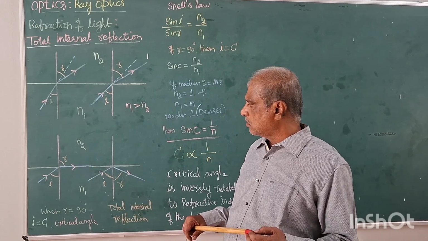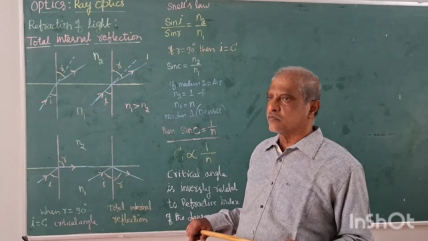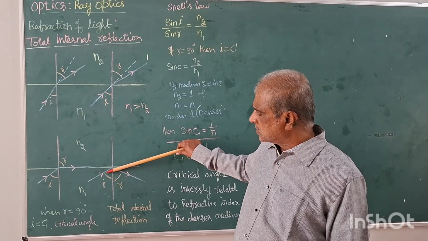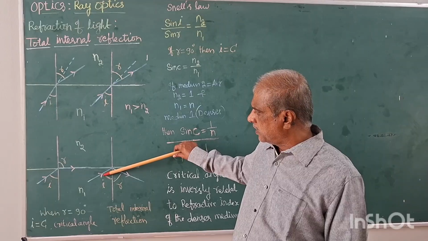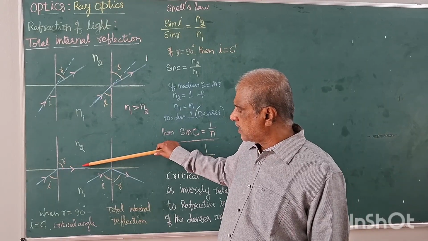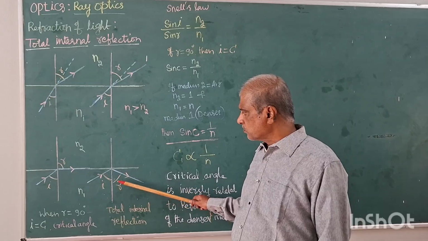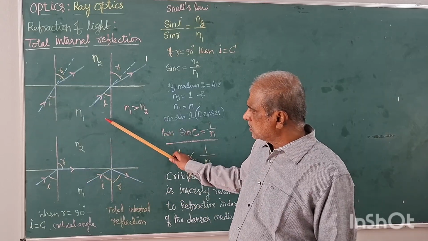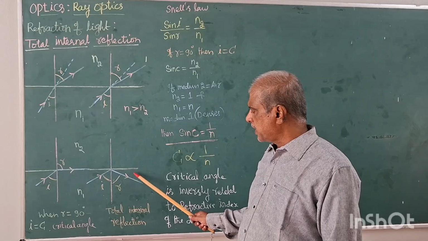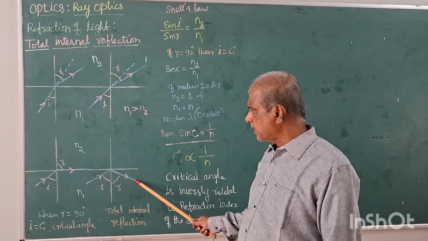Let us go further. With any further increase in the angle of incidence, the ray of light bends more and more towards the interface. What would the refracted ray do? It is bending back into the denser medium.